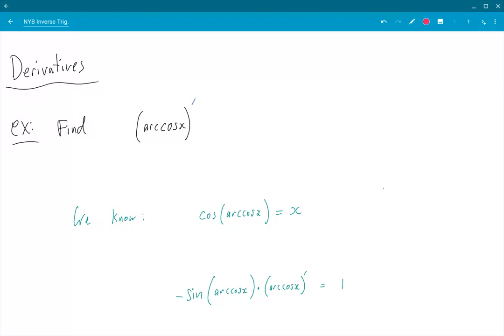If f of u is equal to cosine of u, and g of x is equal to arc cosine of x, the chain rule says that you're going to have f prime of g of x, dot g prime of x.